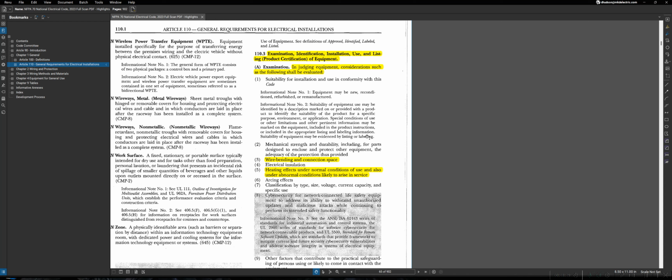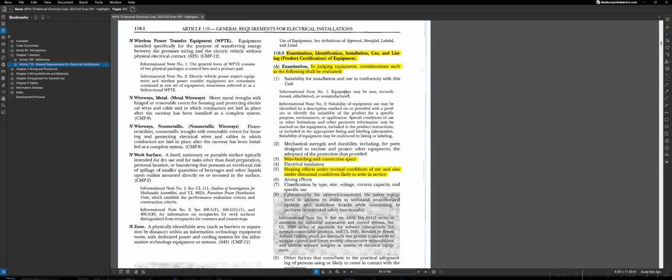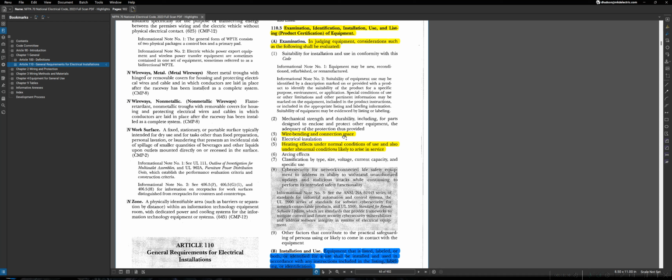So we see some of the things that the NEC notes: number one, does it comply with the code? Number two, the mechanical strength and durability. Is it going to hold up to the environment it's installed in? Wire bending and connection space, the insulation rating, heating effects under normal conditions.